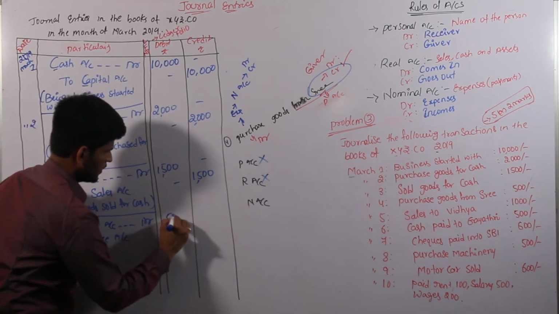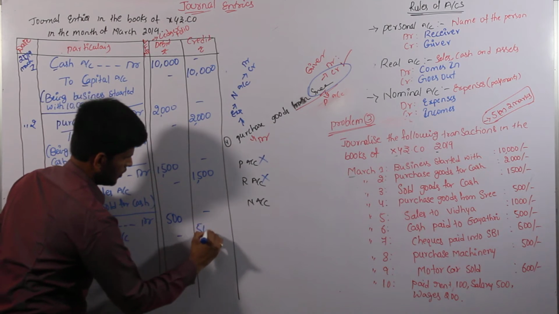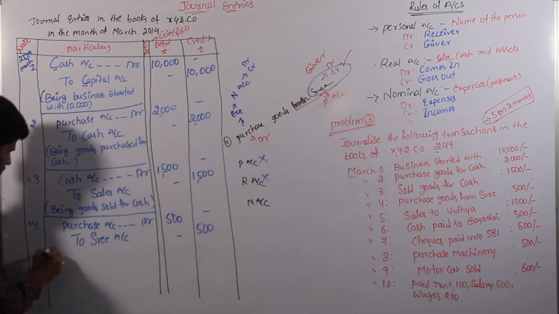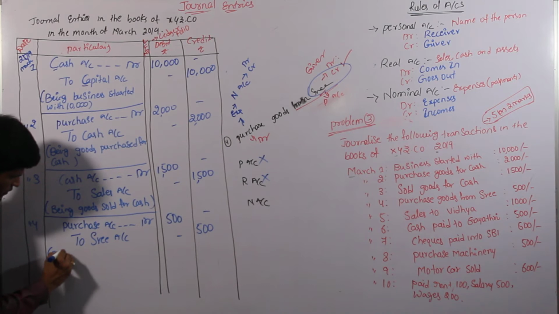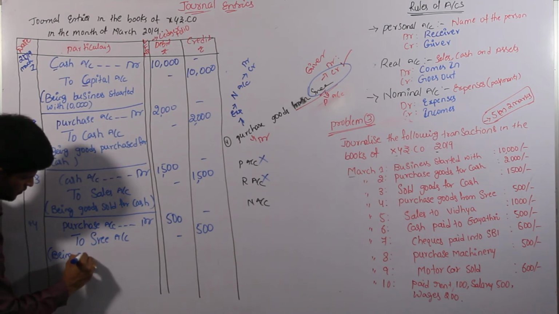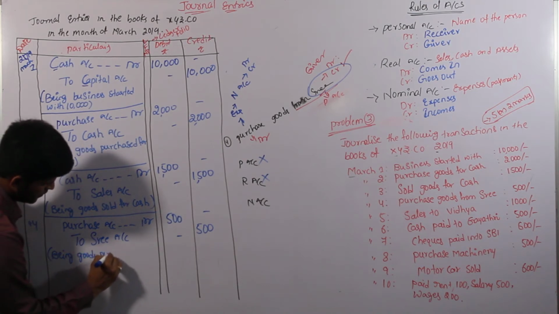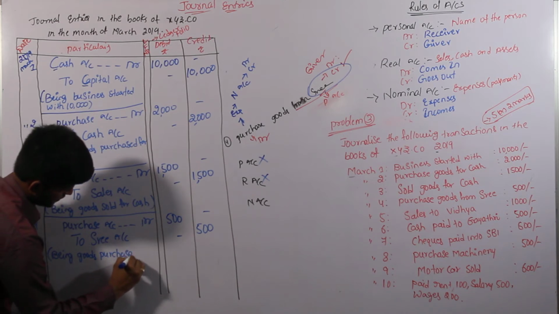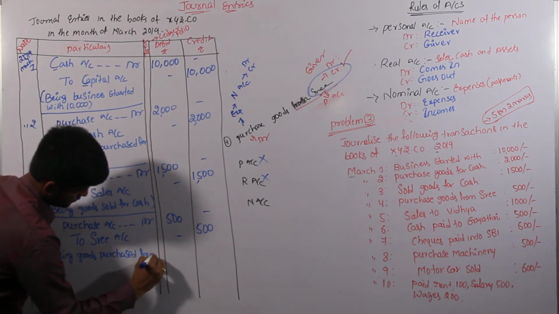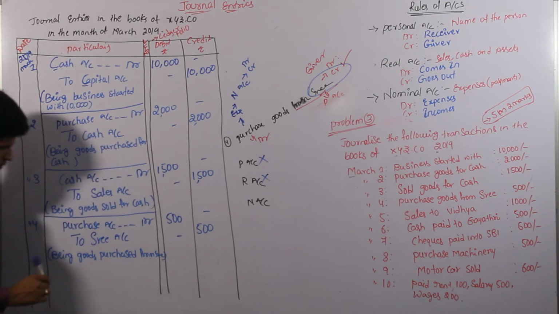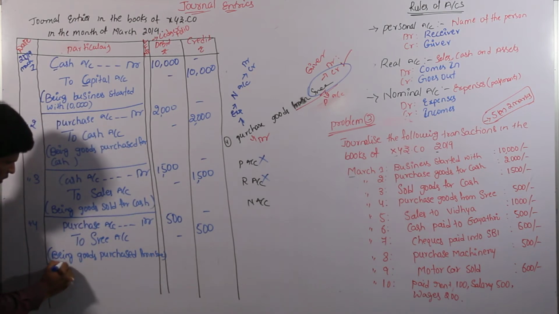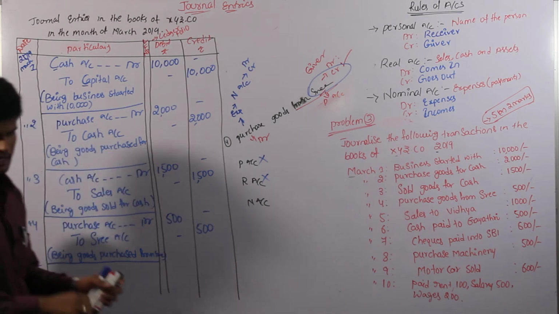In debit column 500, in credit column also 500. And take the narration starts from B. Being goods purchased from Street. After the narration, give the underline to the entry and come to the fifth transaction.